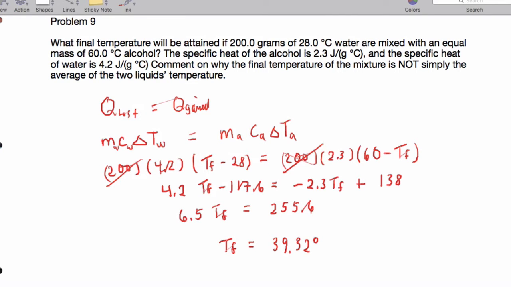It's kind of like the alcohol heats up more because it takes less energy for it to heat up. That's kind of how I say it.